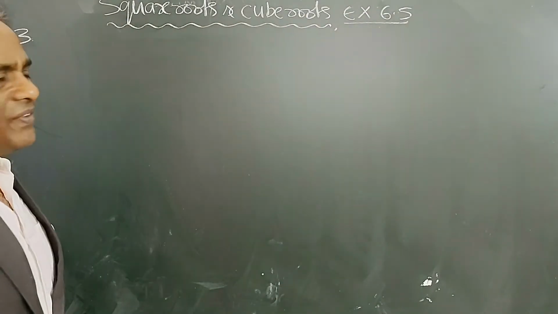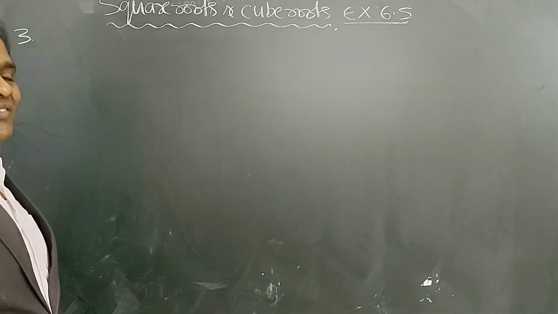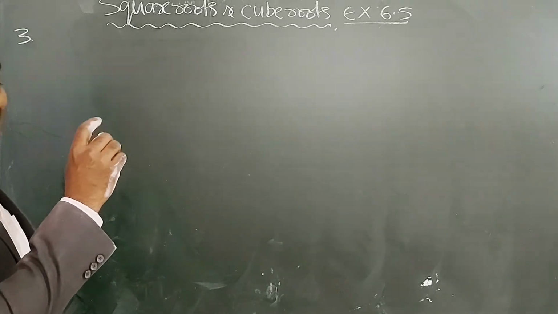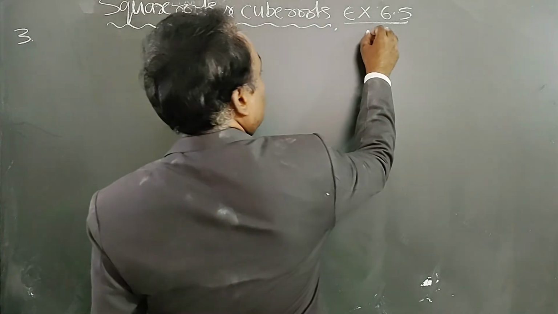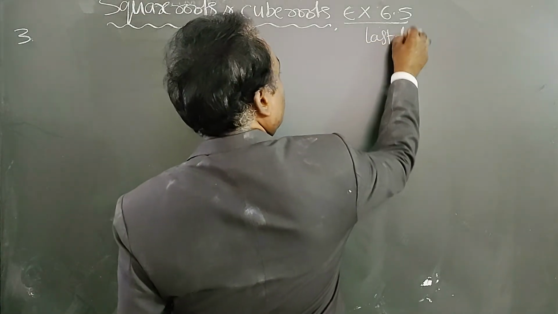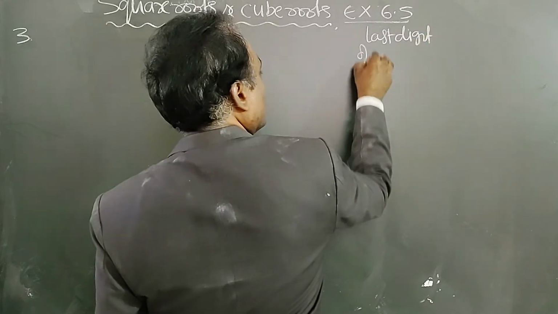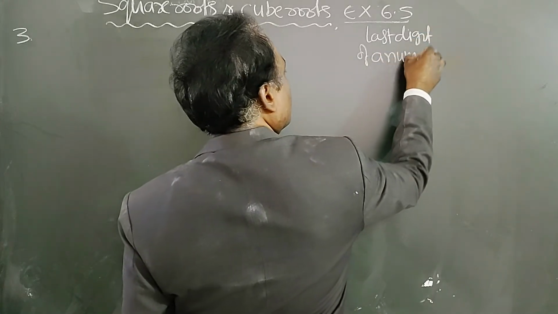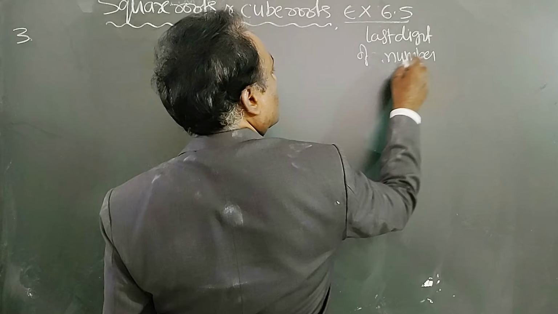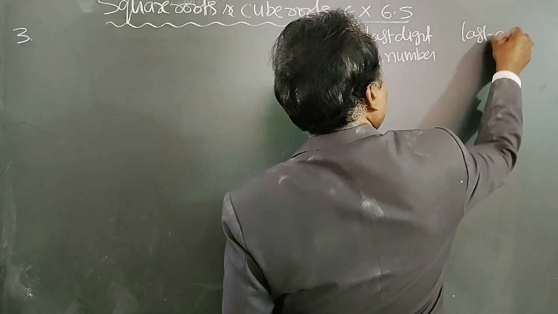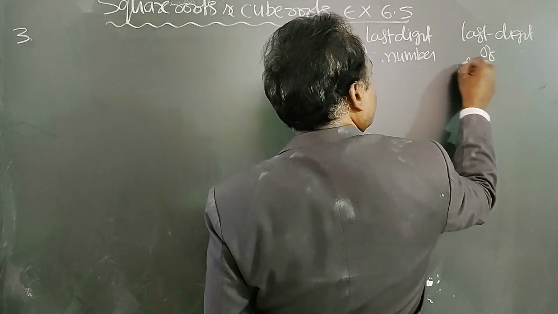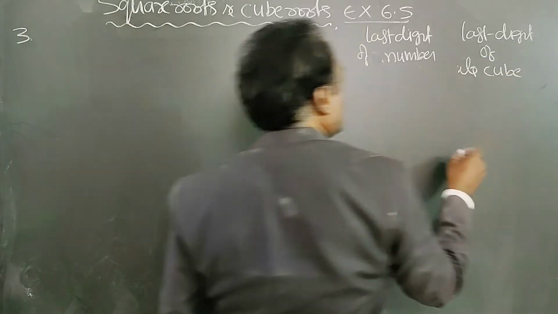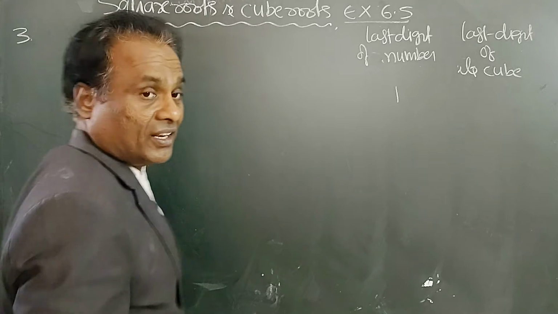Once again I wrote the table: the last digit of the number and the last digit of its cube. Suppose the last digit of the number is 1.